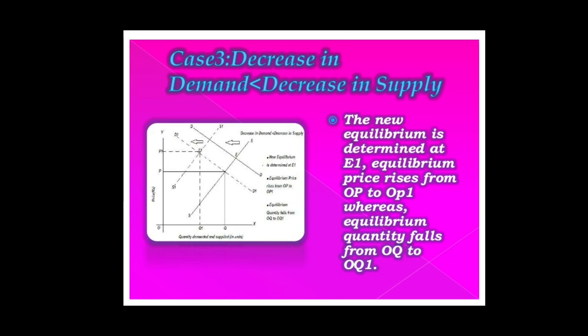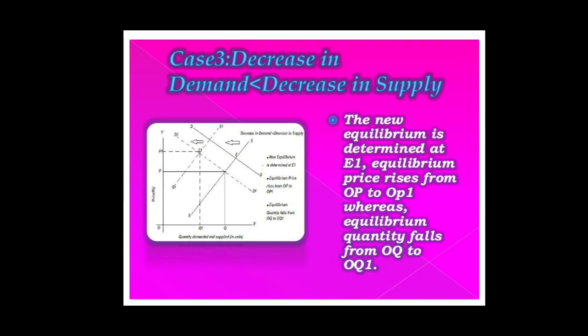Now coming to case third, when decrease in demand is less than decrease in supply. The original equilibrium position is at point E, where the demand curve DD intersects the original supply curve SS. The equilibrium price is OP and the equilibrium quantity is OQ.